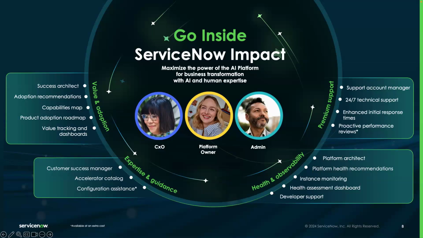Expertise and guidance gives you access to a dedicated customer success manager and a suite of technical, architectural, and strategic accelerators to help you make smart decisions quickly. Health and observability focuses on maintaining platform health through tools like Instance Observer and the Health Assessment Dashboard and more. And now included in health and observability is the Proactive Code Check. Premium support delivers faster response times and 24/7 technical support, so your critical issues get resolved quickly and efficiently.